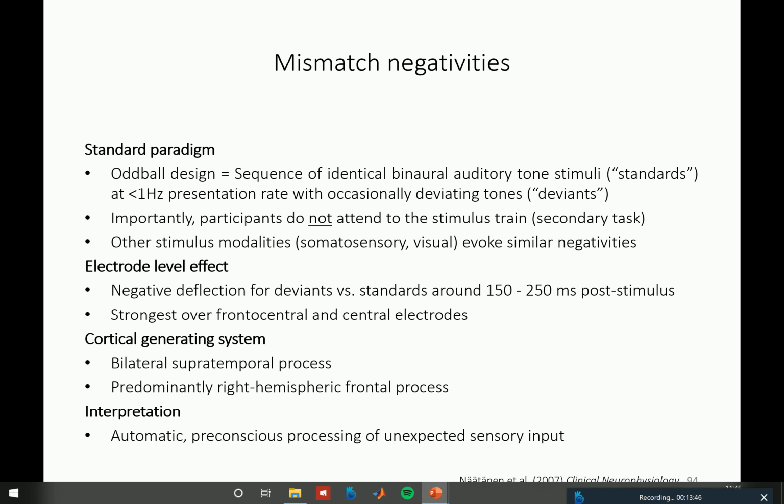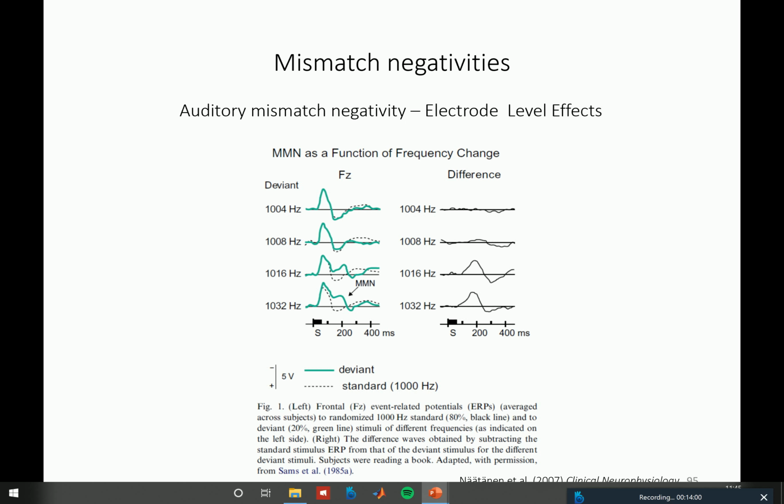But that's quite tricky actually. So the more important thing is that people don't attend to these stimuli, and yet there is some difference observed with respect to different stimuli.